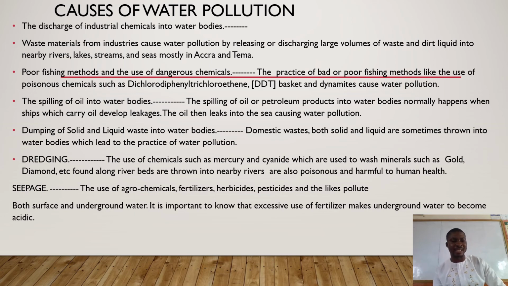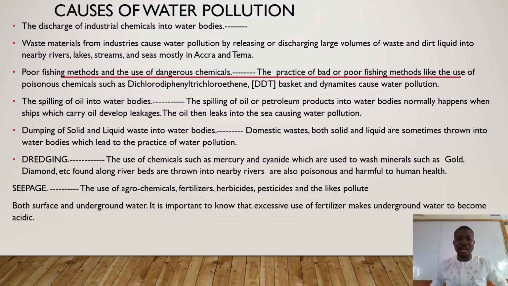We use fertilizers so that our crops will grow well, but we use them excessively. When we use fertilizers, herbicides and pesticides, both surface and underground water are polluted, because these fertilizers are on top of the soil. So when rain falls, it washes away these chemicals into our various water bodies.